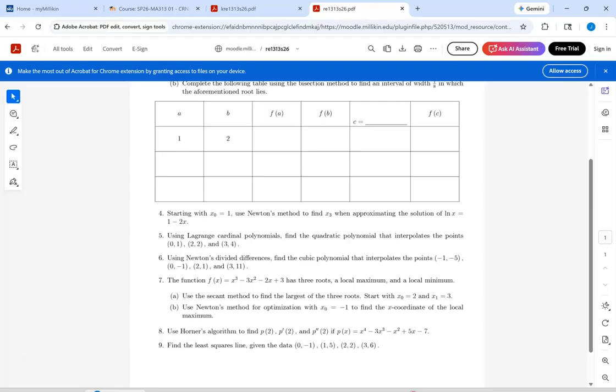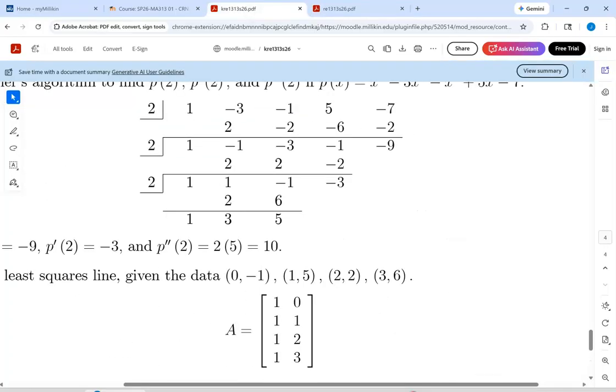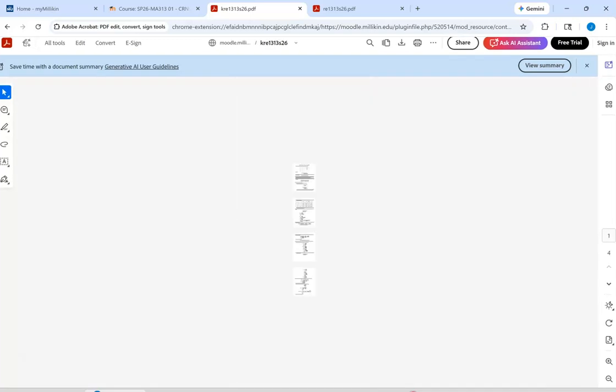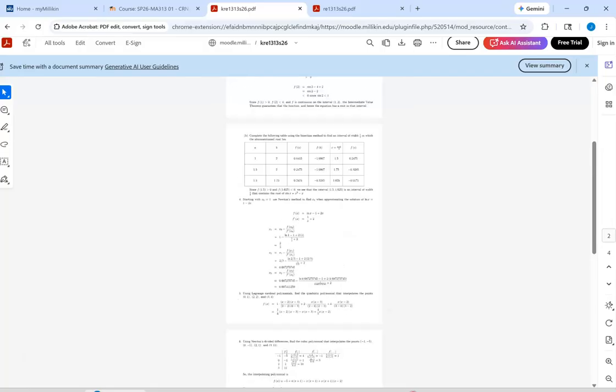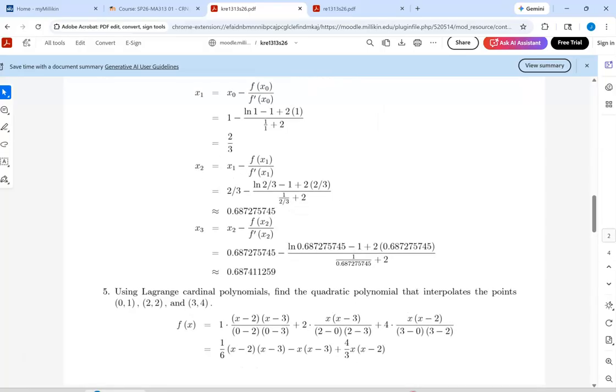So for example, if I kick back over to the key, there it is. I don't expect you to multiply all of this out. Leave it.